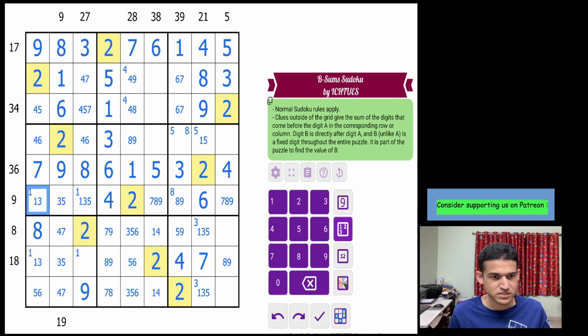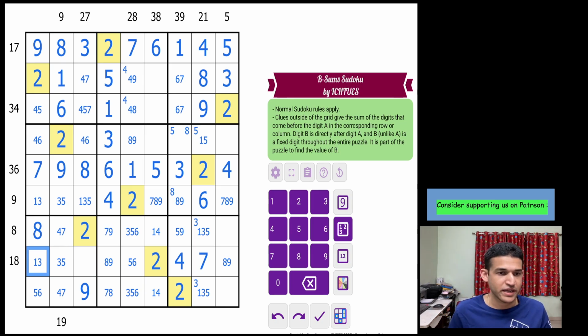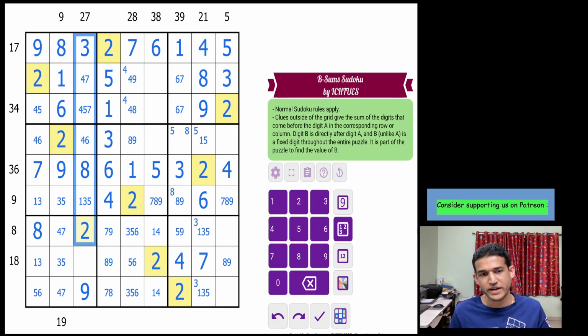Let's remove these ones from here. Okay, now look at column 3, 27. So these cells add up to 27. So I have 3 8 11 from there, so I'll need 16 from here.